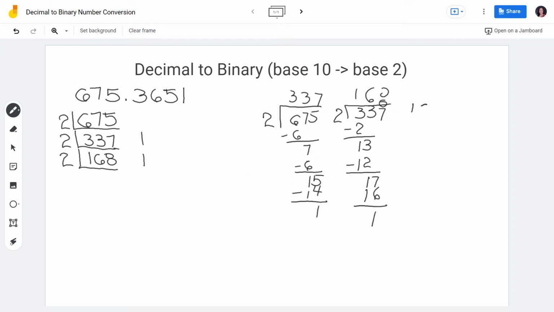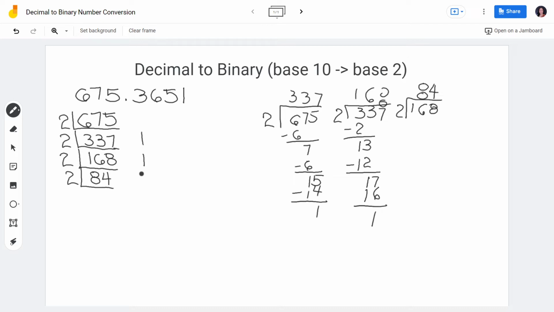Next, we have 168 divided by 2. If you can solve it mentally, we have 84. Do we have a remainder?